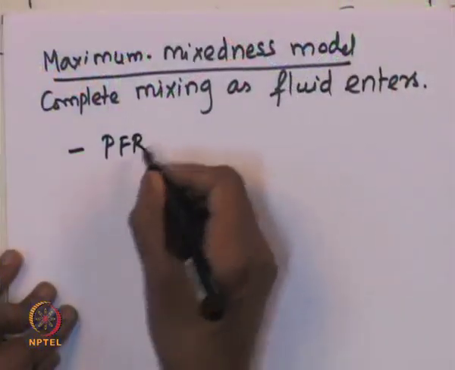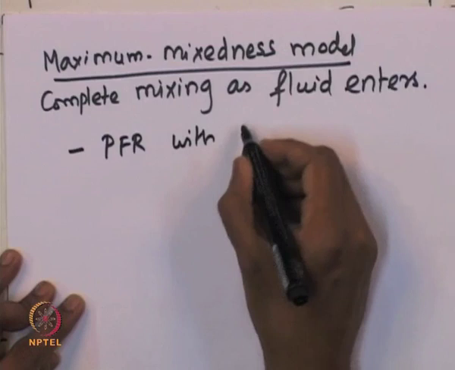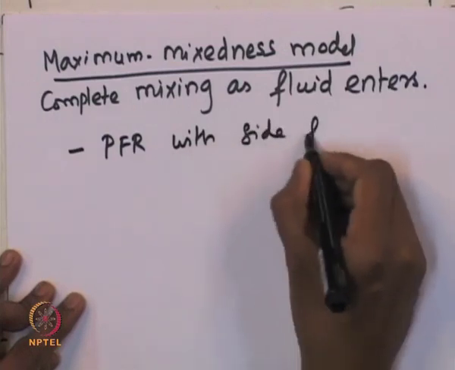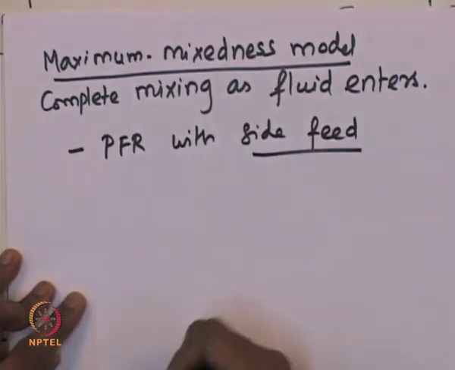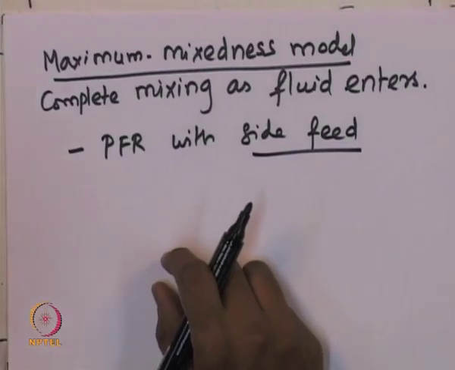So how do we depict such a situation? We can consider a plug flow reactor with side feed, where the feed is fed through the sides of the plug flow reactor at different locations, and that can be used to depict the situation of maximum mixedness in a non-ideal reactor.